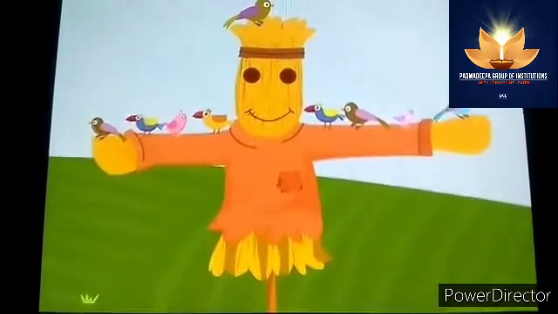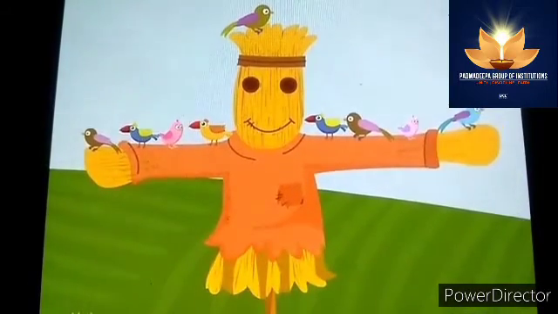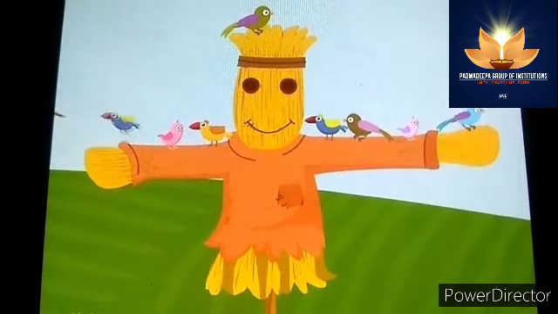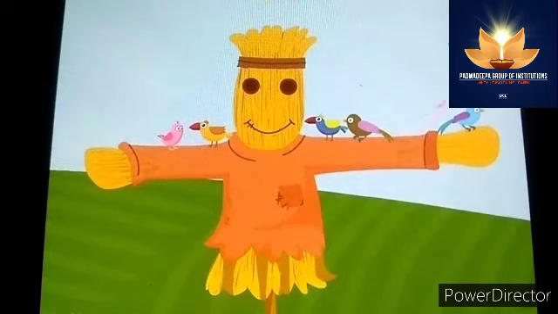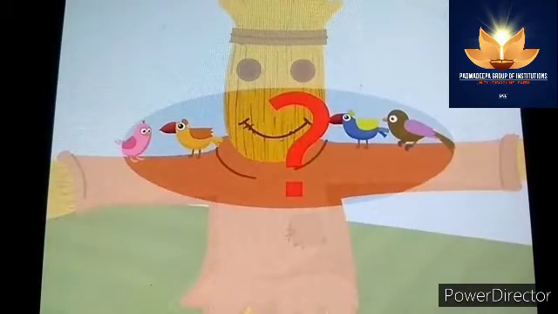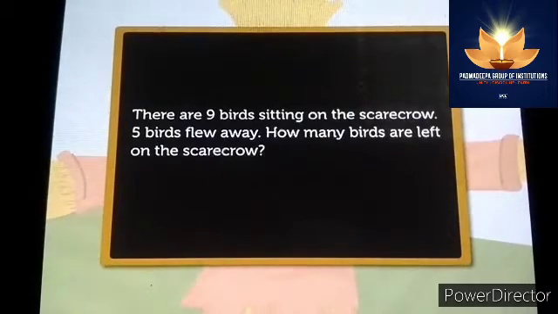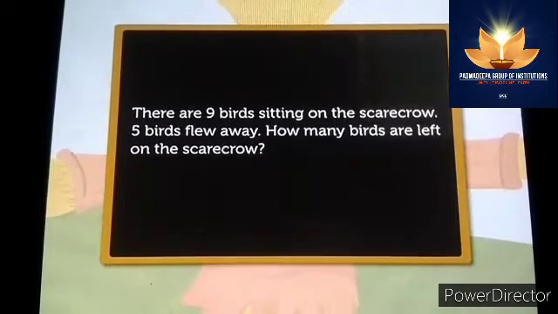Here on this scarecrow, there are 9 birds sitting. 5 birds flew away. How many birds remain? Let's find out. There are 9 birds sitting on the scarecrow. 5 birds flew away.